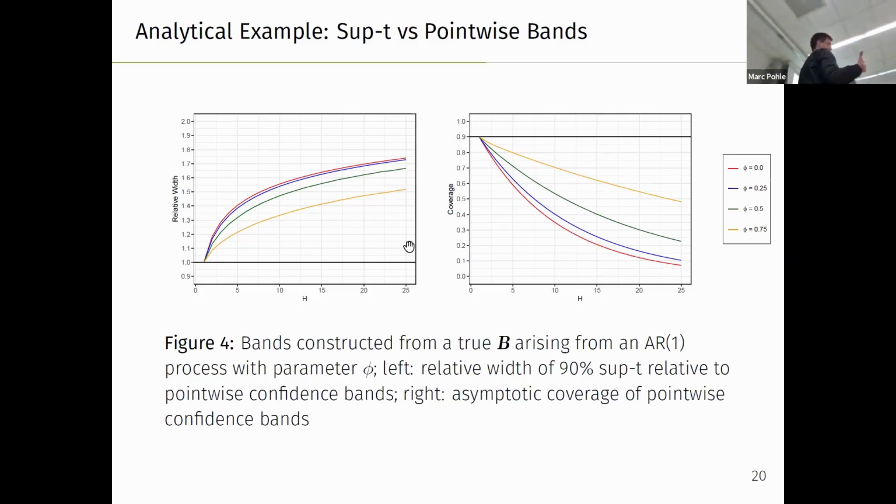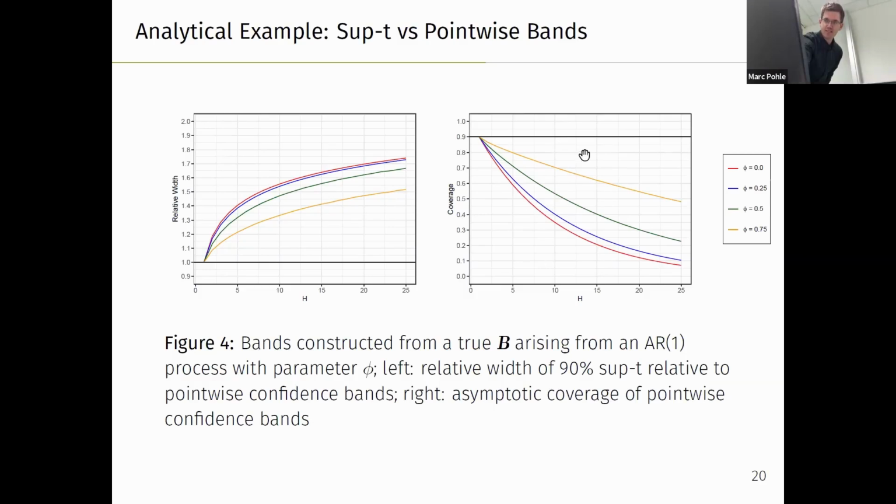You could be worried that the simultaneous bands become prohibitively wide, so that they become uninformative, but this is not the case. These curves go logarithmically, so very slowly. When you move from 25 to 40 or so, not much happens anymore. The bands do not get much wider. In the beginning, of course, they do, but later on, not anymore. And with stronger temporal dependence, the ratio in width is even smaller.